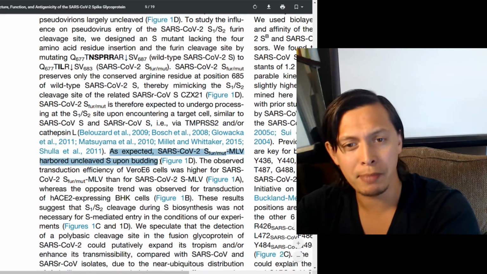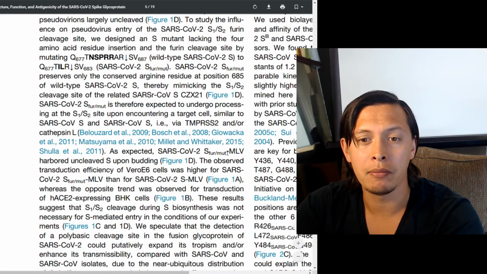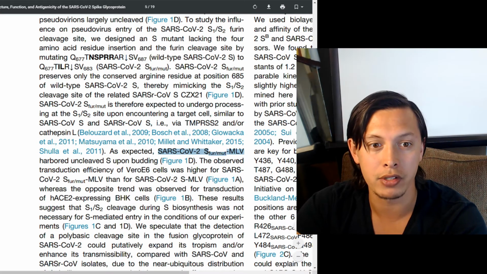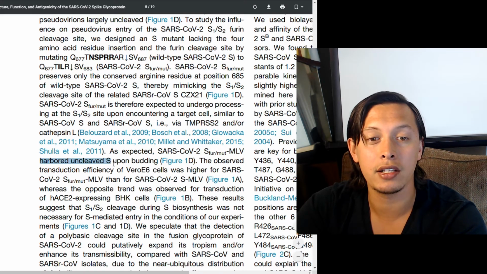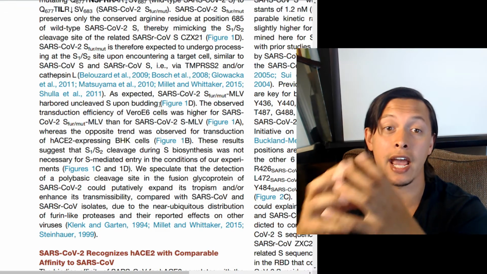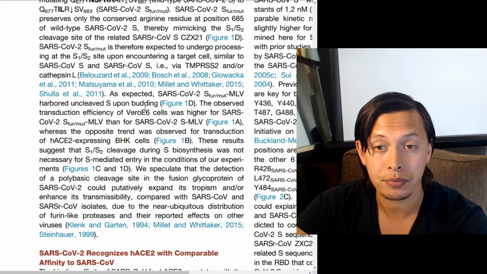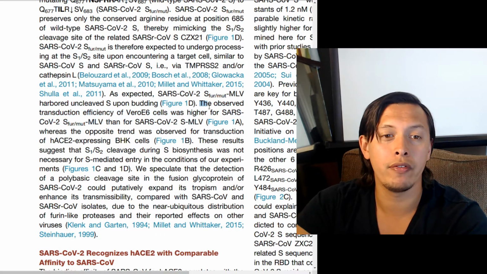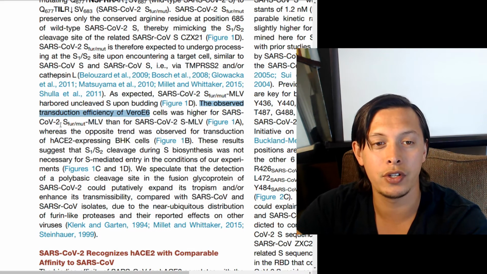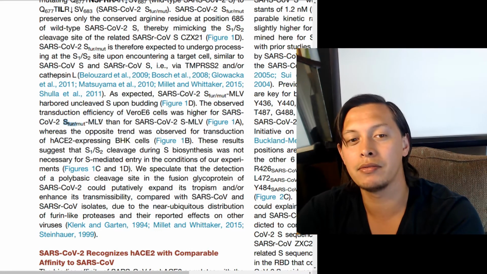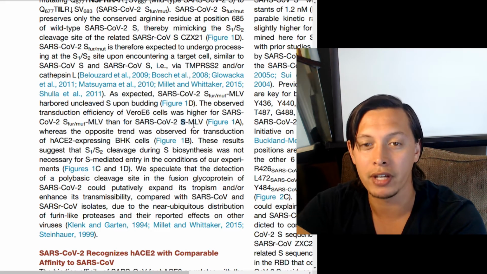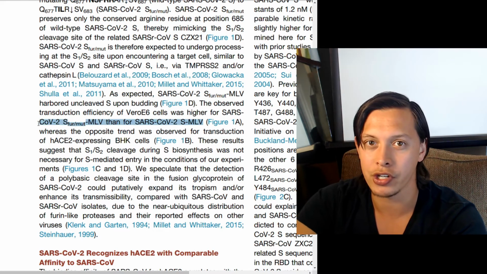As expected, the SARS coronavirus 2 MLV, the virus with this new spike protein, harbored the uncleaved S protein upon budding, upon the formation of these new viruses. They had the full spike protein, uncleaved. And then the observed transduction efficiency of the Vero E6 cells was higher for the SARS-CoV-2 S furin mutant than for the SARS-CoV-2 spike MLV, the normal ones, without the genetic engineering at this furin site.